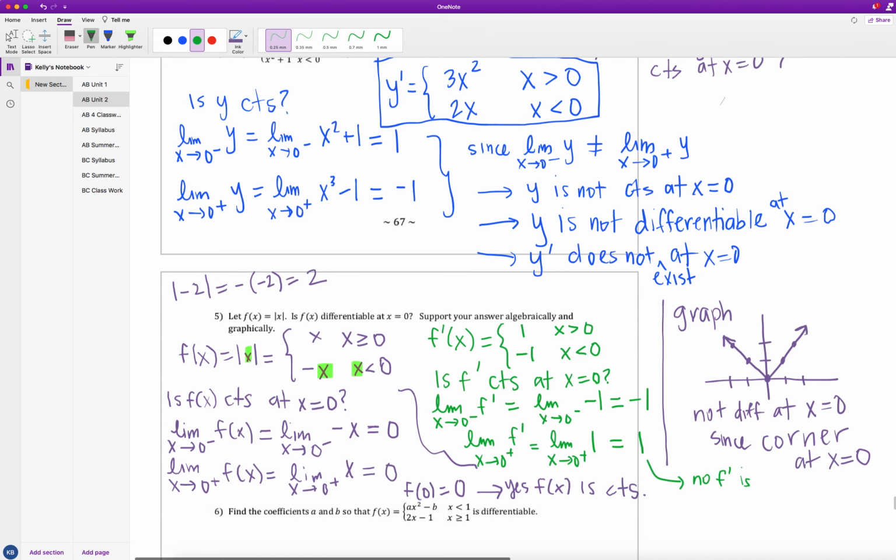Let me scroll down to get this to work better. And so since f prime is not continuous, it tells me that the derivative of f, which is f prime, cannot exist at x equals 0. Since f prime is not continuous, specifically at x equals 0, it is continuous everywhere else, but at x equals 0 it is not continuous, that tells me that the original function f is not differentiable at x equals 0.